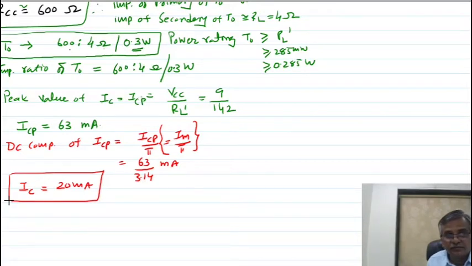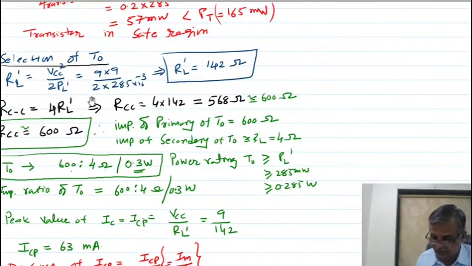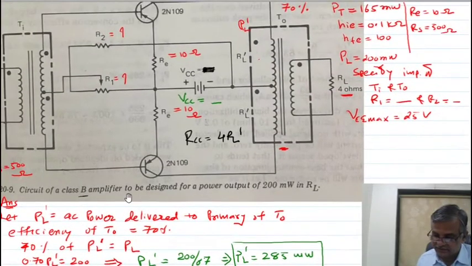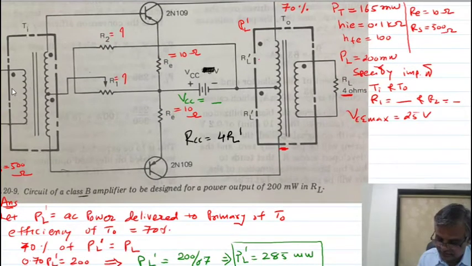Now we'll talk about how to calculate R1. Look here, this is your VB, and here is your jumper.